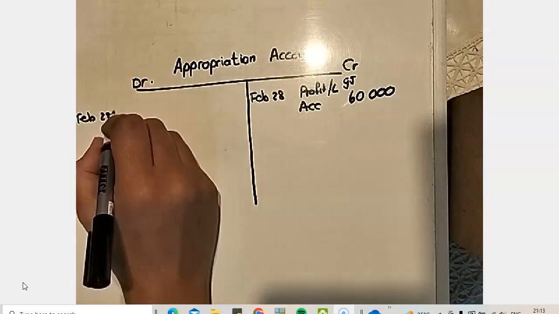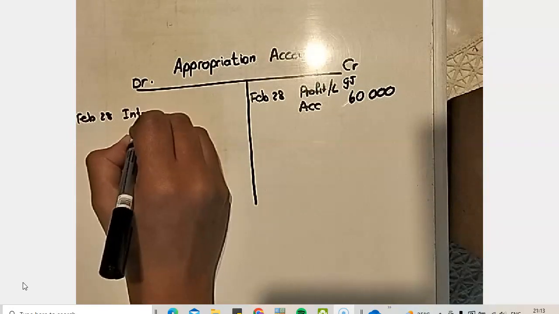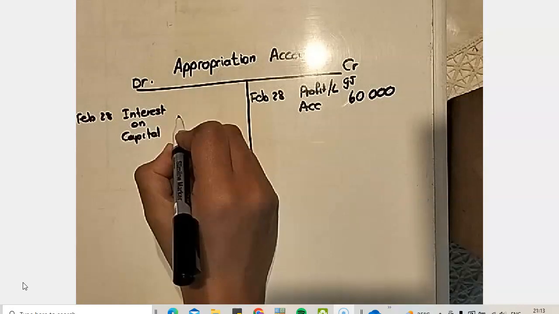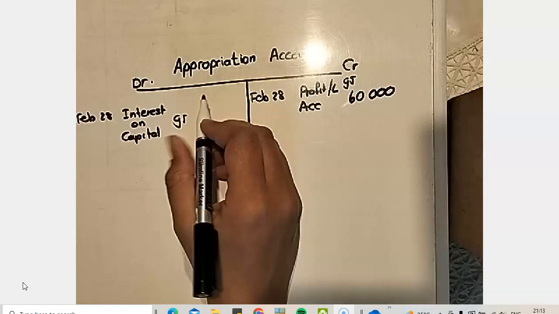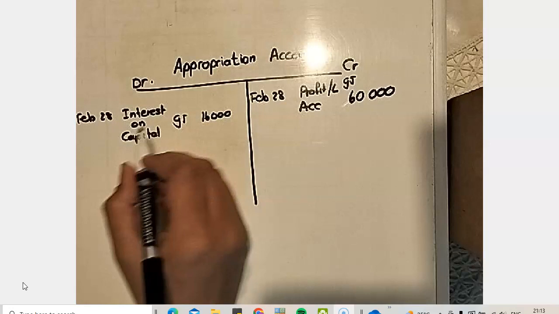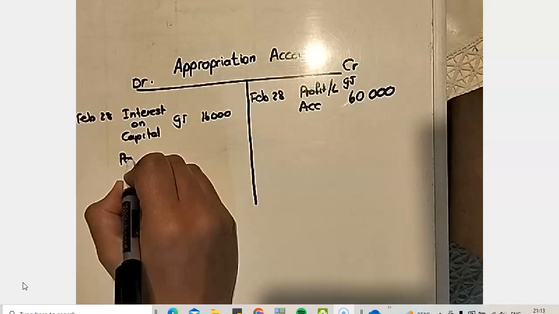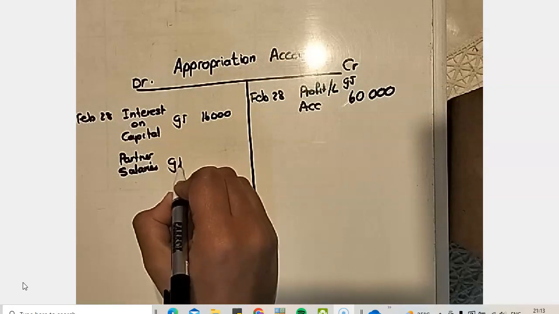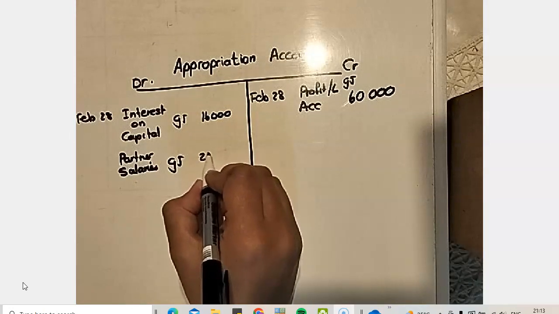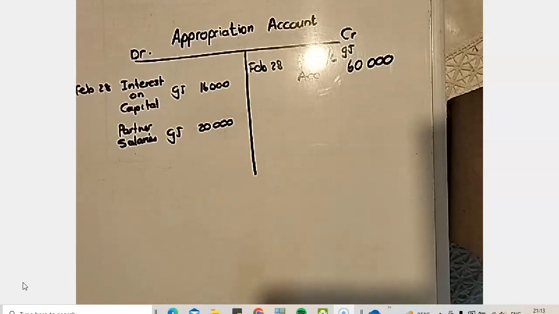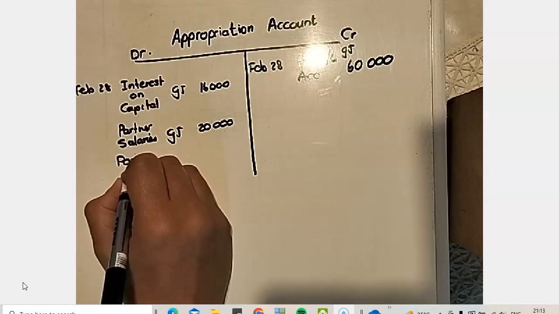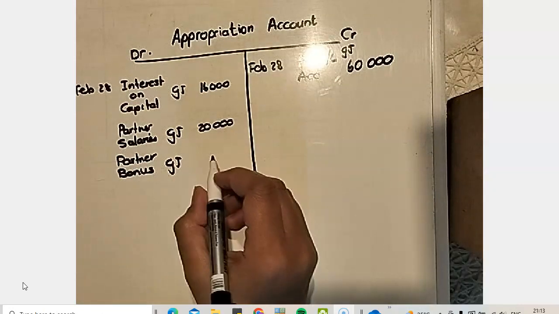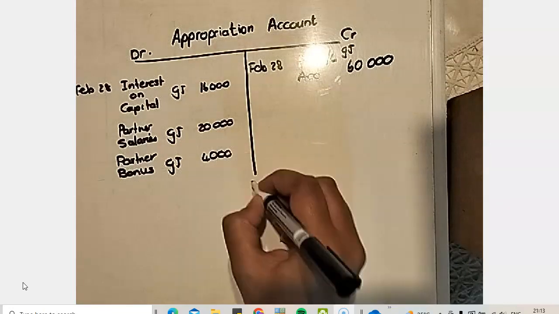Same on the debit side, you have interest on capital. That will be your general journal. That will be 16,000. You will have partner salaries. So you will add the 2 or the 3 partner salaries together to get a total. Partner bonuses, also from the general journal, 4,000.